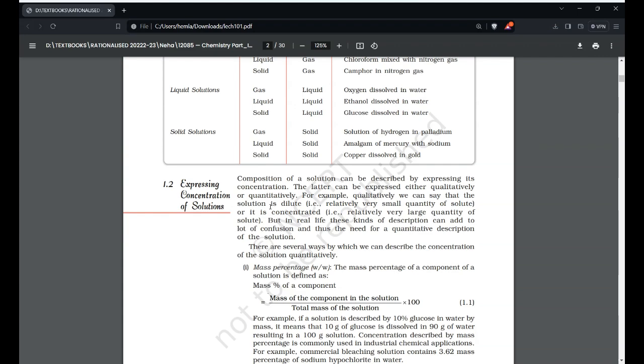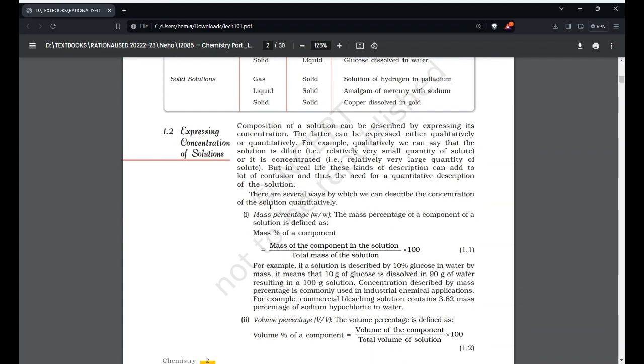Expressing concentration of solutions. Okay, concentration terms we have seen in mole concept also, and here we are revising it again, but a few more things are added. So let's see. Composition of solution can be described by expressing its concentration.